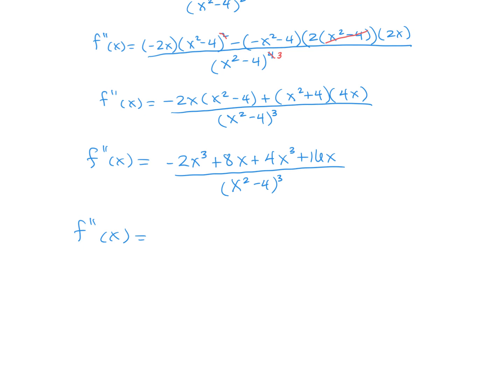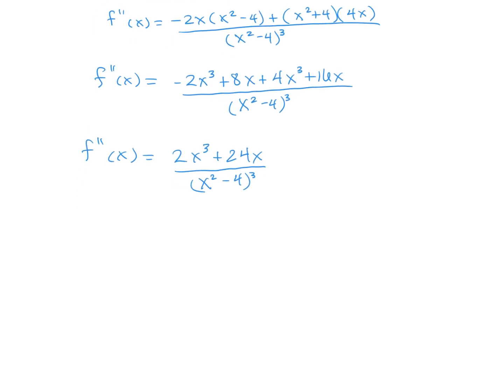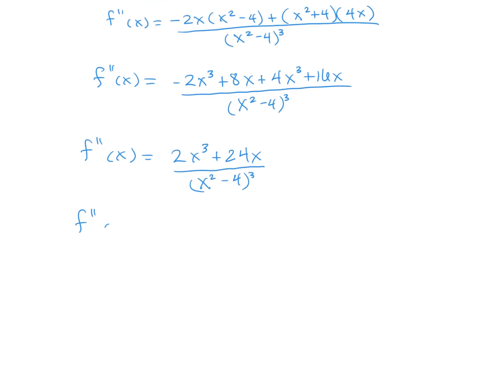And that'll leave us with 2x cubed plus 24x over x squared minus 4 cubed. And we can factor the second derivative. And that'll take us to 2x times x squared plus 12 divided by x squared minus 4 to the 3rd power.